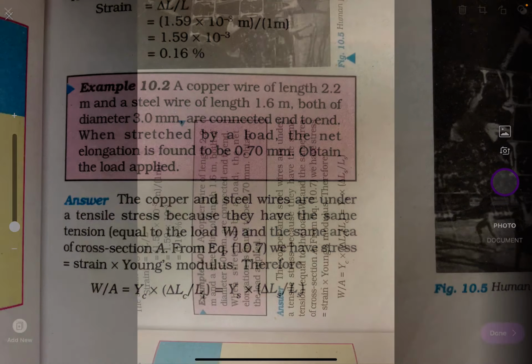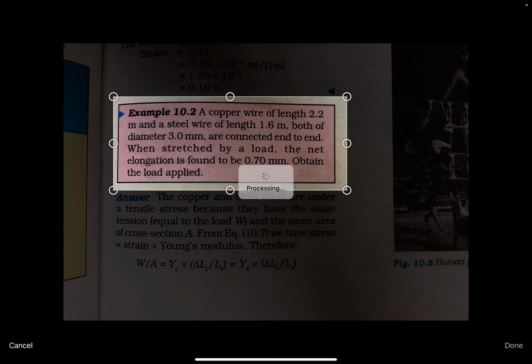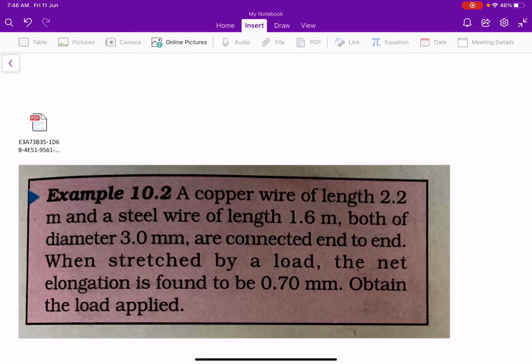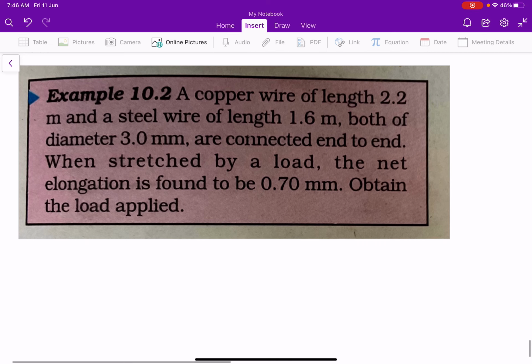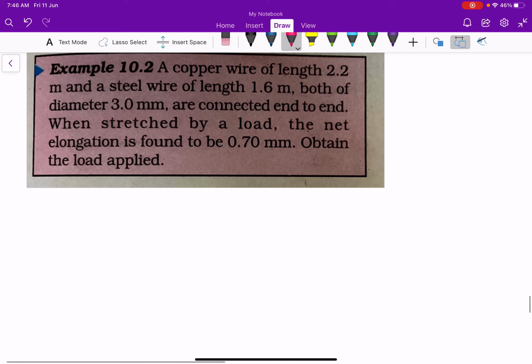Example 10.2. Example number 10.2 is talking about a copper wire of length 2.2 meters and a steel wire of length 1.6 meters, both of diameter 3 millimeters. So area of copper and area of steel is equal to pi d square by 4, where d is nothing but diameter.